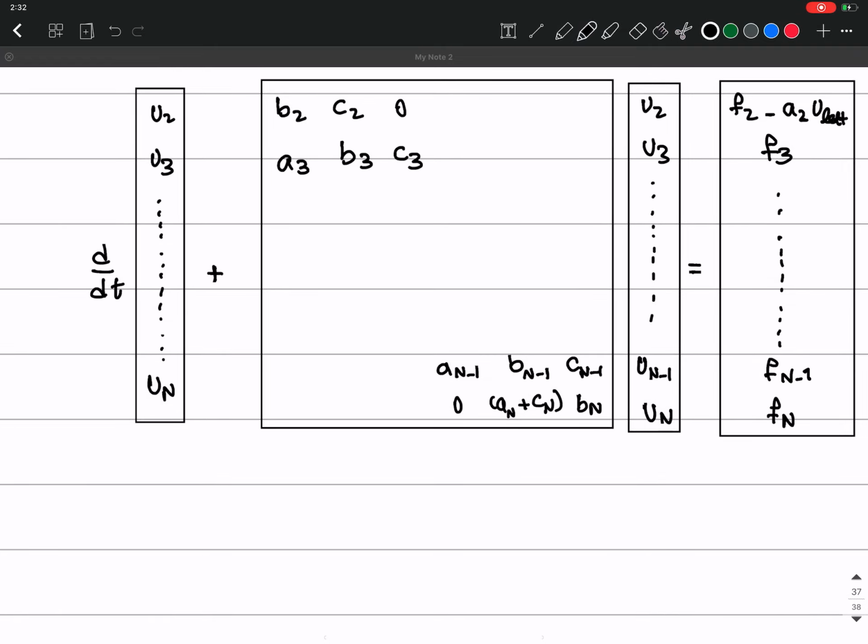So if I want to show it, it's going to be something like this. This is the diagonal. We only have the terms in the diagonal of this matrix. The same thing for this one, and the same thing for this one.